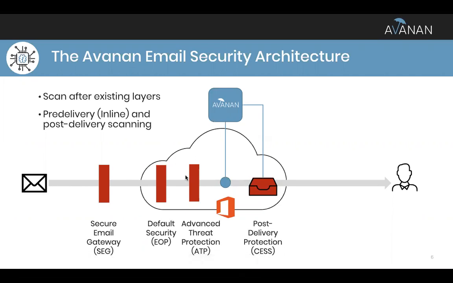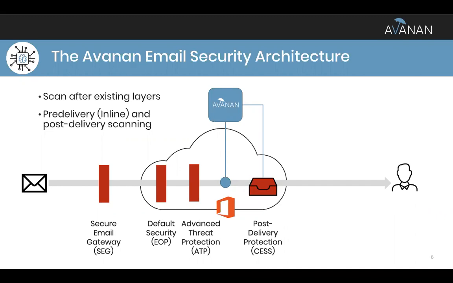So with the Avanan approach, what we did is we leveraged those APIs to connect into your cloud environment, to hook into O365. We're integrated within the cloud, and we're actually sitting behind these other layers of security, right?